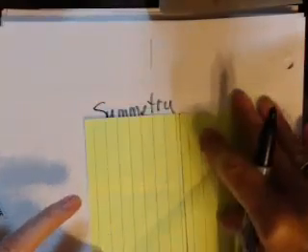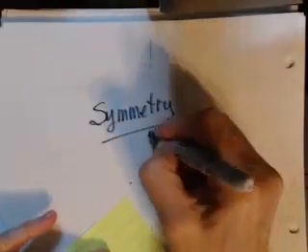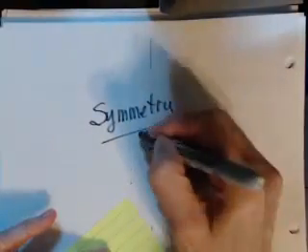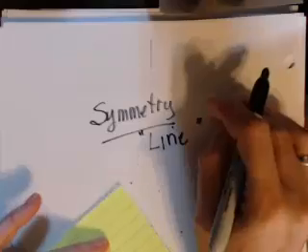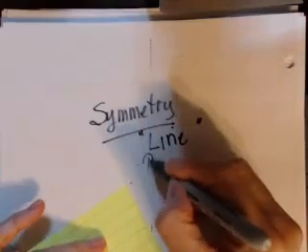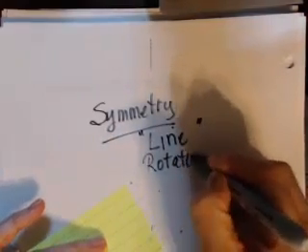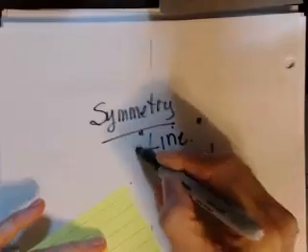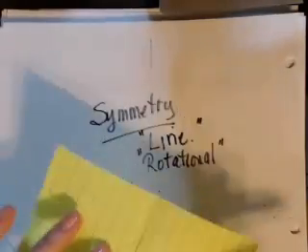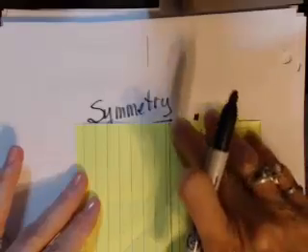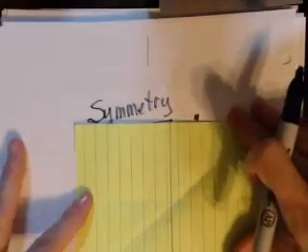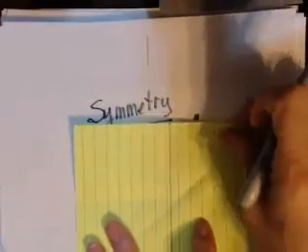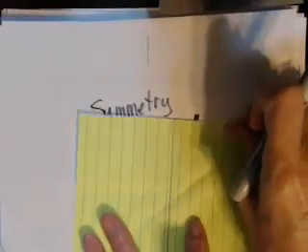Alright, the next type of symmetry other than line symmetry is rotational symmetry. And for rotational symmetry, if I rotate this 90 degrees, it does not map onto itself.